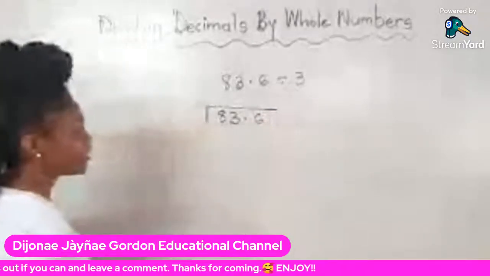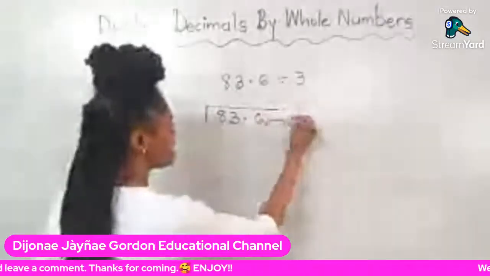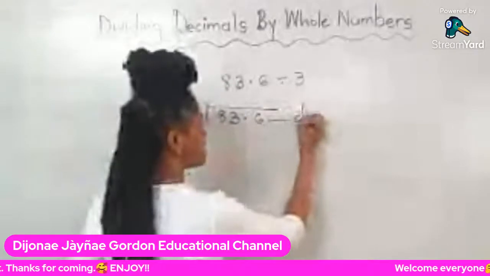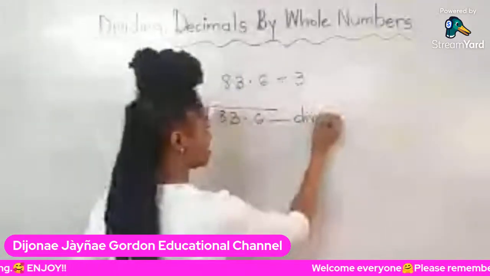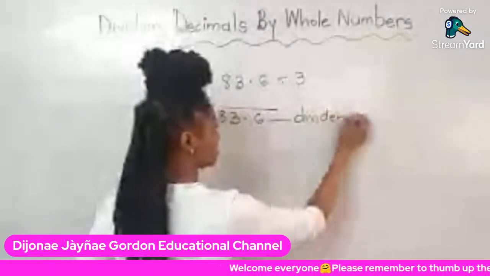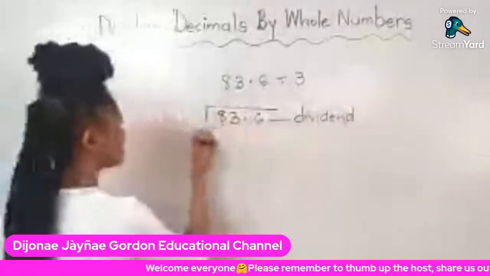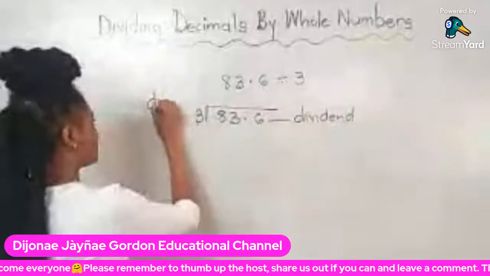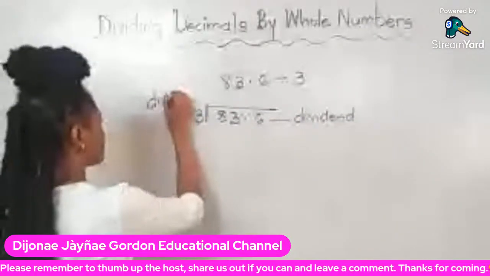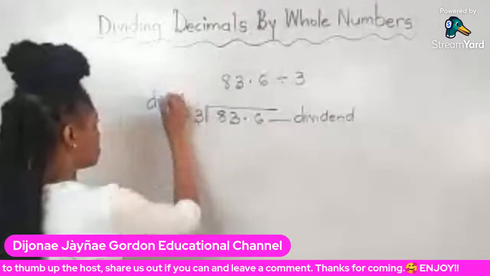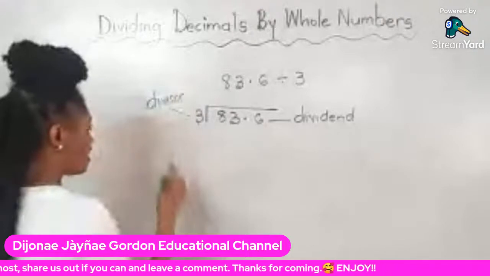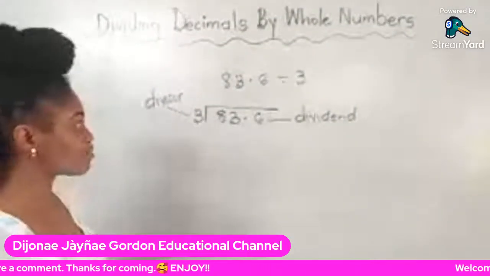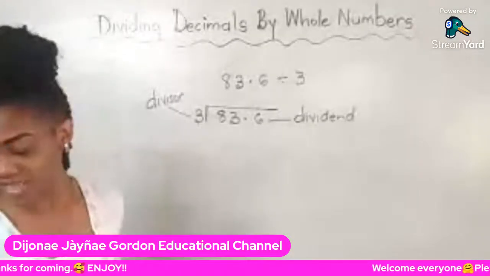So remember I said this is your dividend, D-I-V-I-D-E-N-D. And we put numeral 3 right here. It is known as our divisor. All right, so we are going to work this problem out to find the quotient.